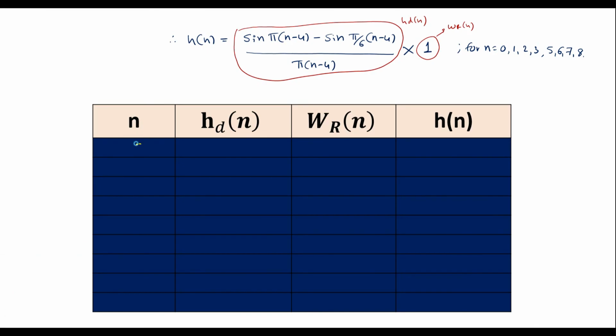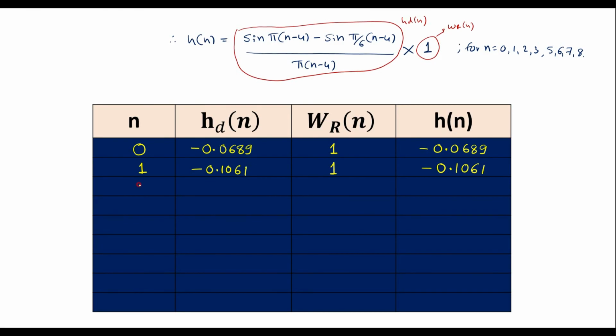For n equal to 0, hd of n will be minus 0.0689. wr of n value is always 1. Multiplying these two leads to minus 0.0689. Similarly, for n equal to 1, hd of n is minus 0.1061; substitute n equal to 1 in this equation to get hd of n, and wr is 1. Multiplying these two leads to minus 0.1061.